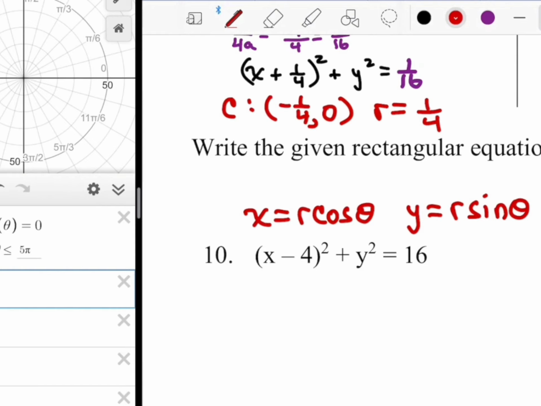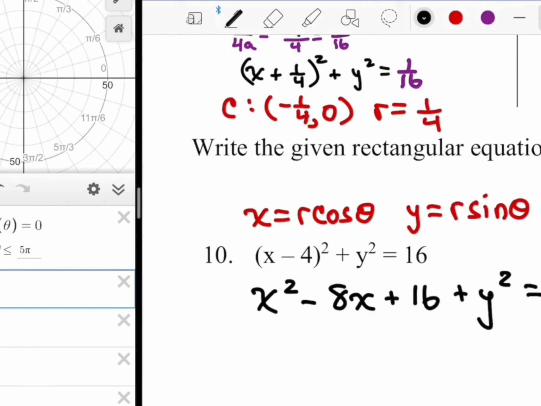However, I don't know that I necessarily want to go plugging stuff in and then distribute. I think it's easier to distribute algebraically first, see what's going on, and then go from there. So x squared minus 8x plus 16 plus y squared equals 16. So you see you have a common 16 here, cancels out to 0.